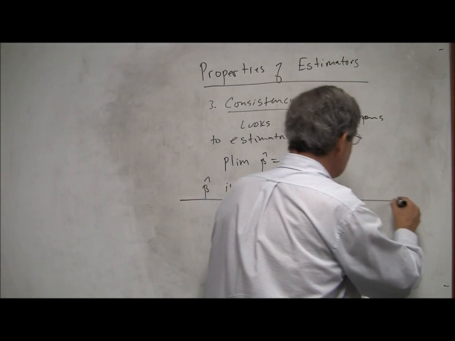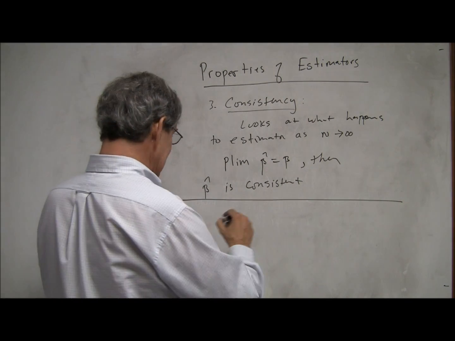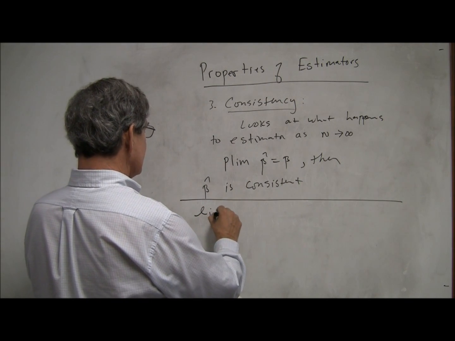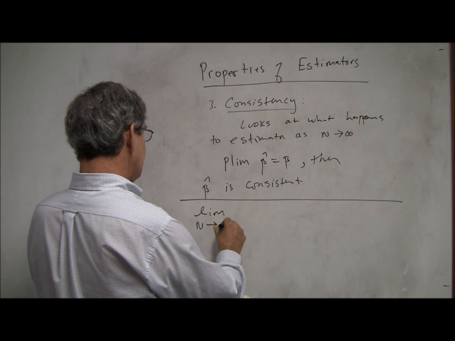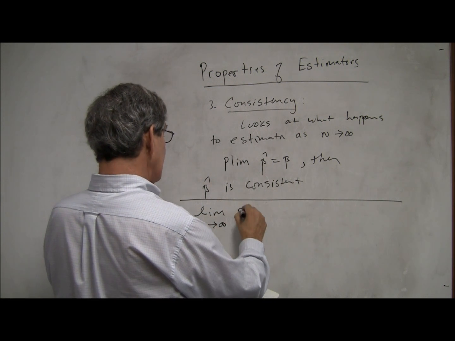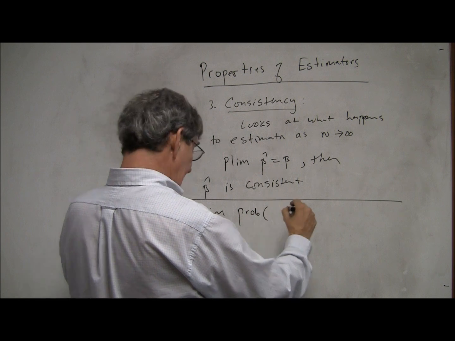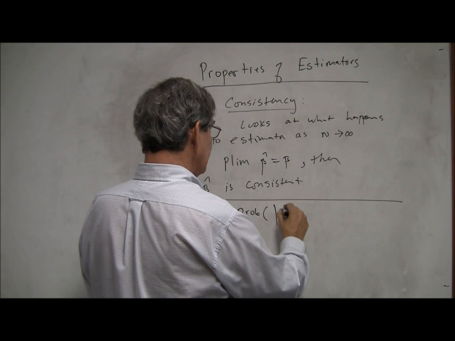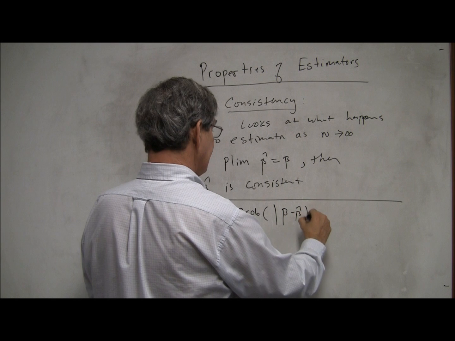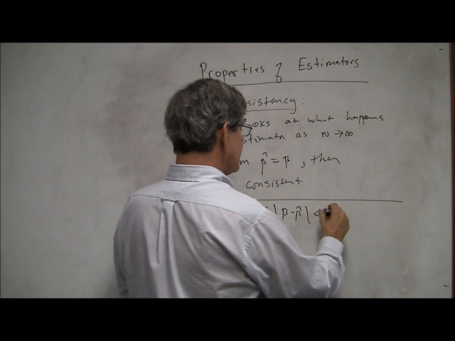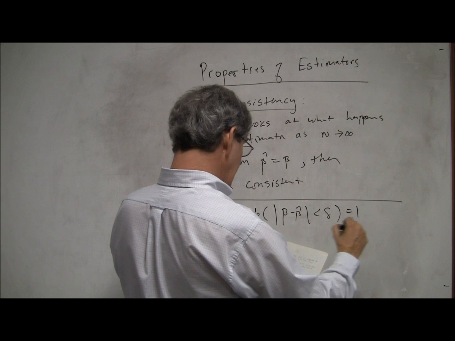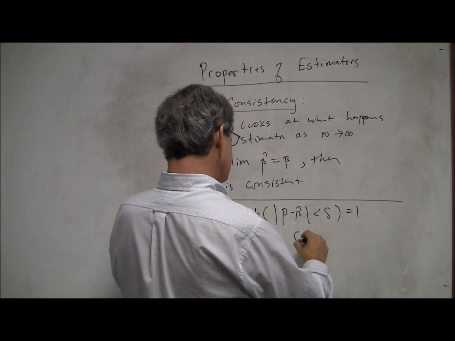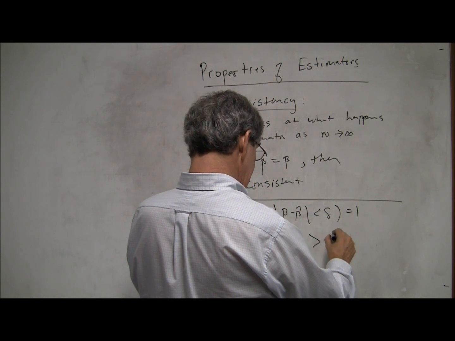Basically, for those of you who had math, I'm not going to ask you about this, but the technical thing is that the limit as n goes to infinity of the probability that the absolute value of beta minus beta hat is less than some delta is equal to 1 for all delta greater than 0.